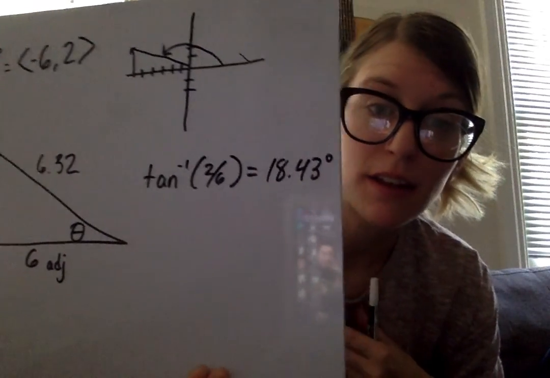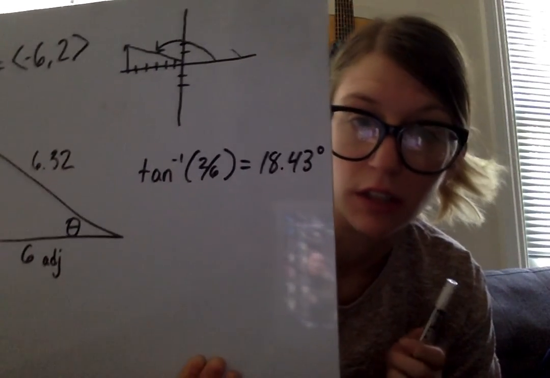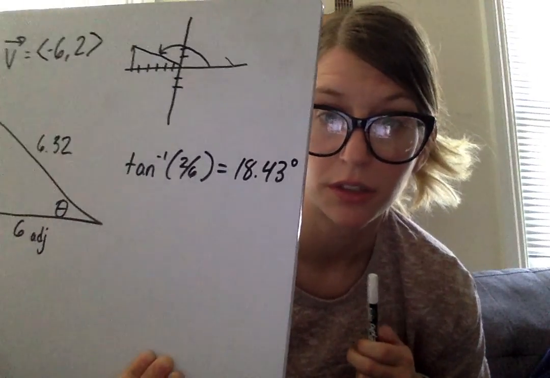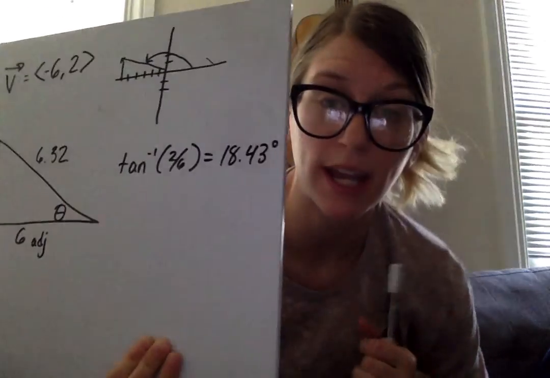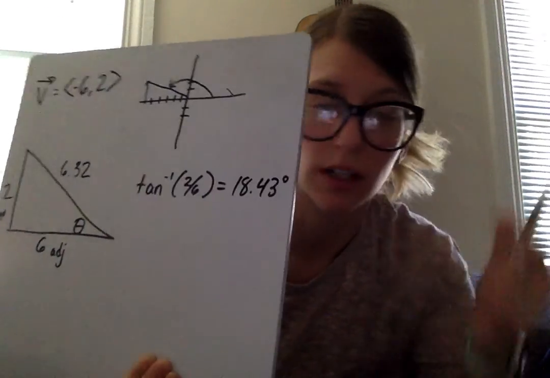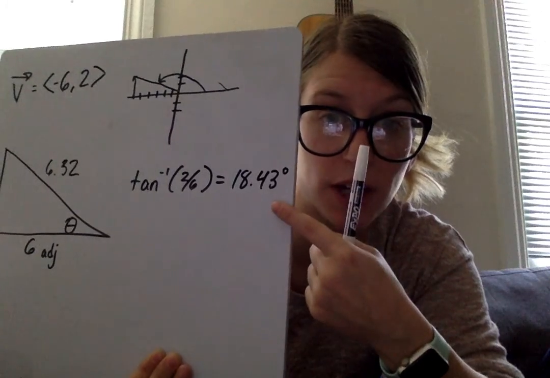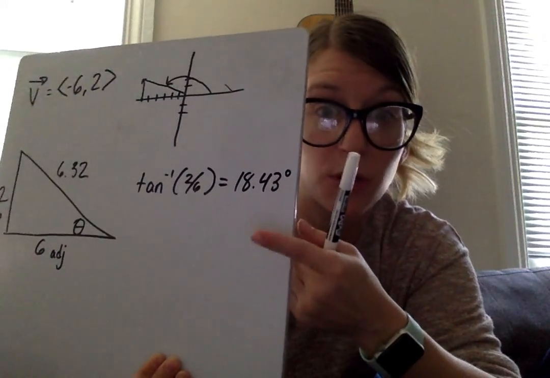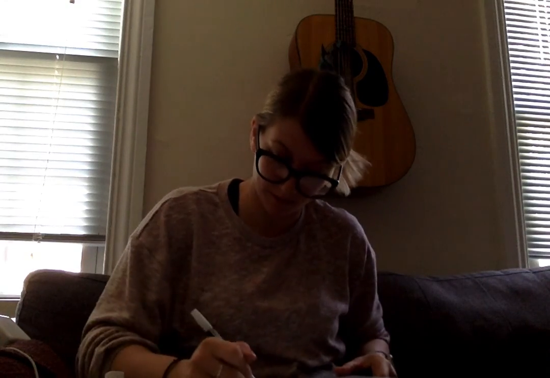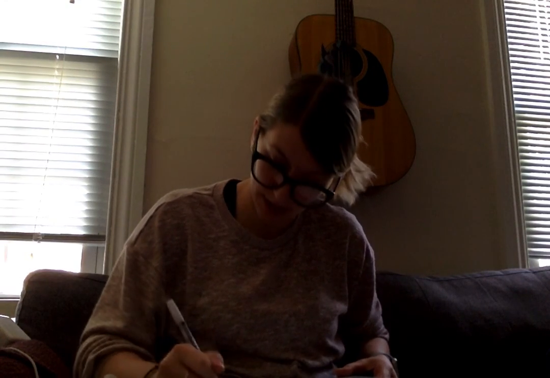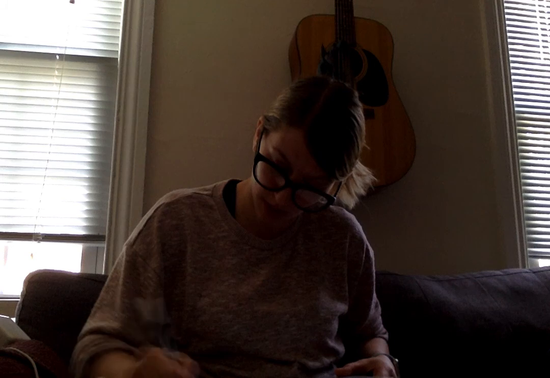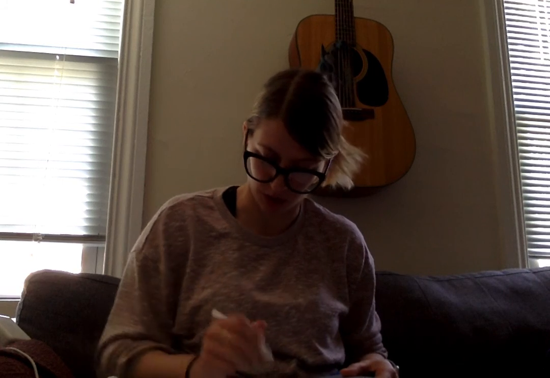18.43 is not my direction. It's in the second quadrant, which means we're going to subtract it from 180 because of this guy here. This is theta, but this is not your direction. This is not the answer I'm looking for. I'm going to look for 180 minus 18.43, which gives me 161.57 degrees.